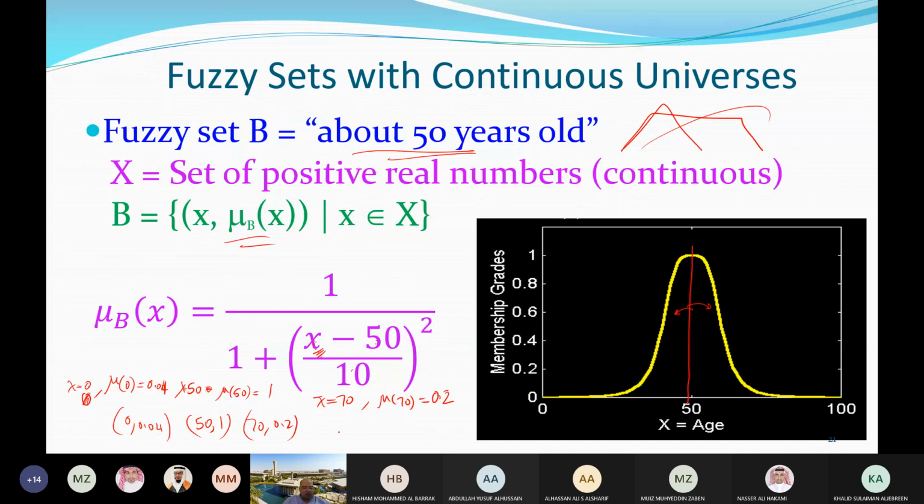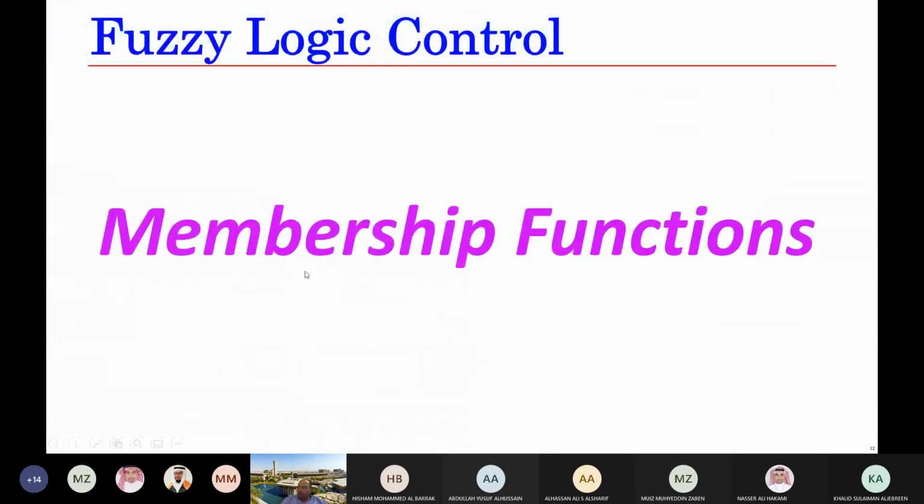Of course, we cannot enumerate all the pairs, this is continuous. You have infinite values of x, and for each x you have a degree of membership. Is it clear? Any question?